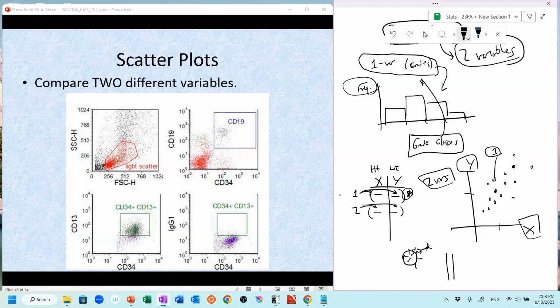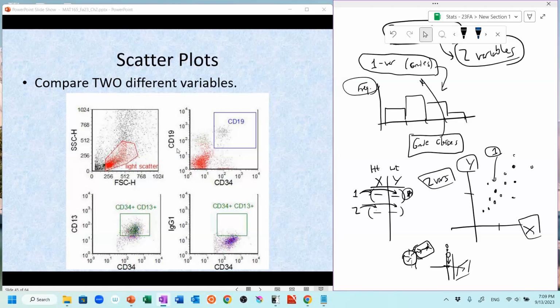They have a tube with a laser that points into it, and they literally flow cells through one by one through this tube, through a liquid medium. The cells go down, the laser hits them. There's a measuring device on the other side that sees what intensity of what different colors of light is coming off of the cell, and that tells them the intensity of, say, CD34, cluster of differentiation 34, just the 34th thing of interest that they've made an antibody that attaches to and has a fluorophore at the end.